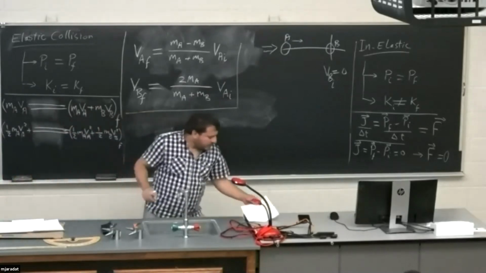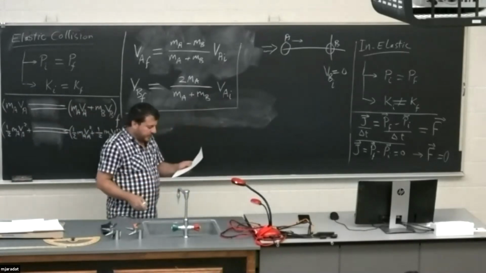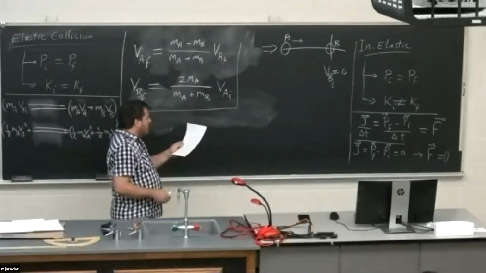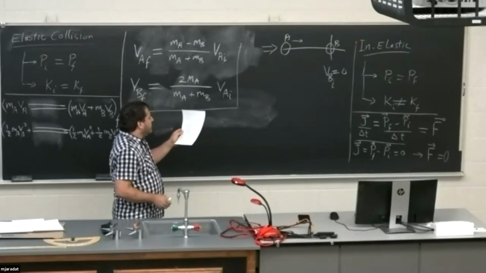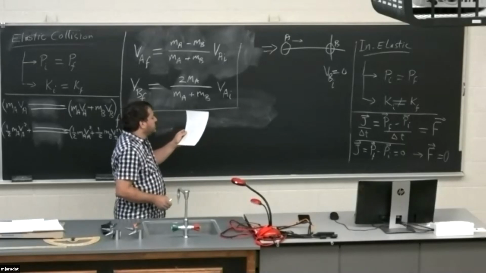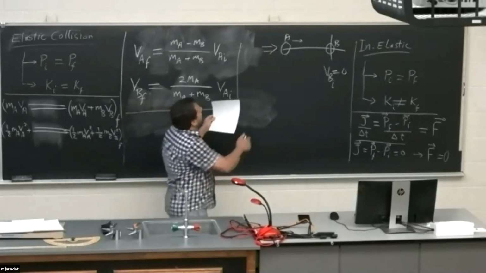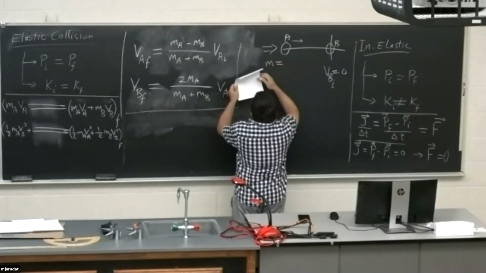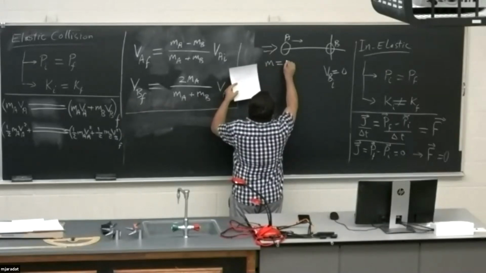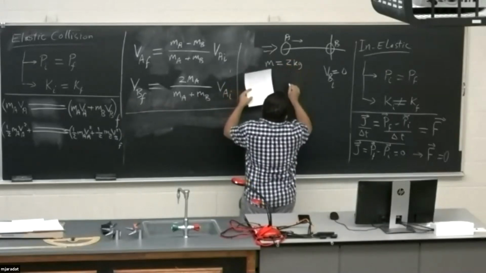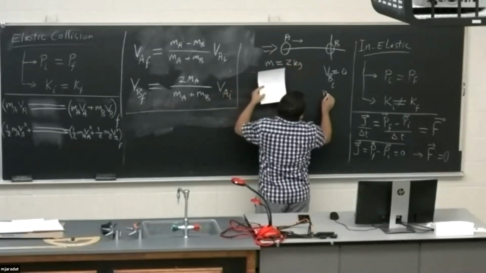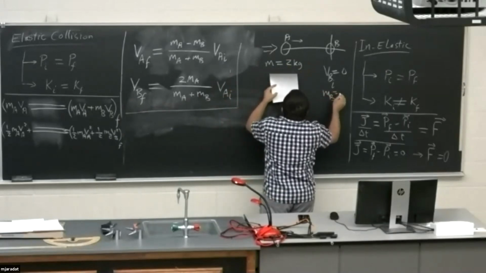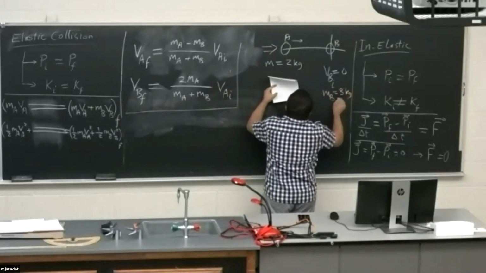On the same page we have that example, page number 2. We have two colliding objects A and B, with mass MA equal to 2 kilograms and mass MB equal to 3 kilograms.